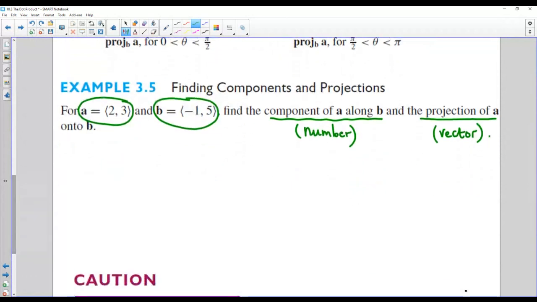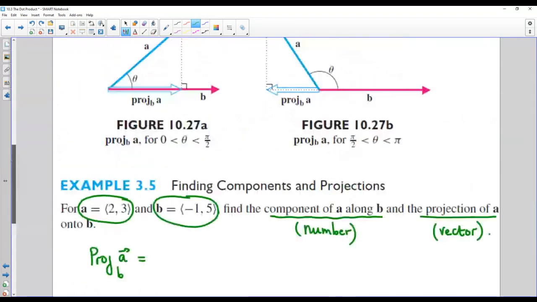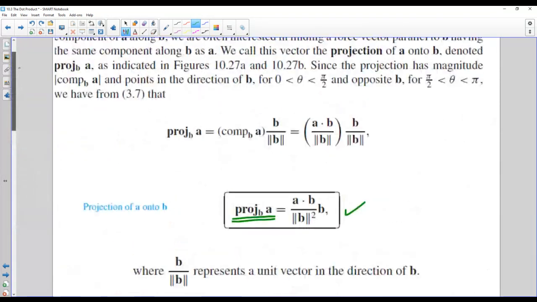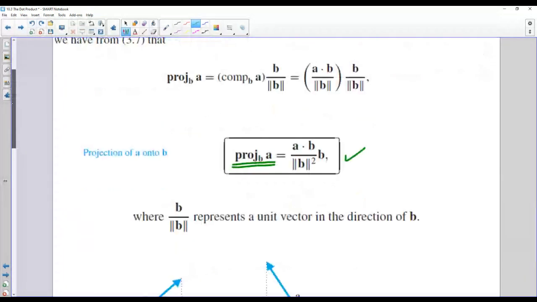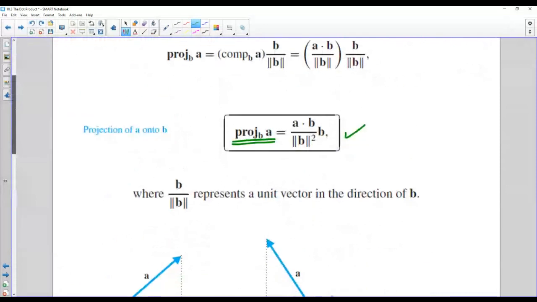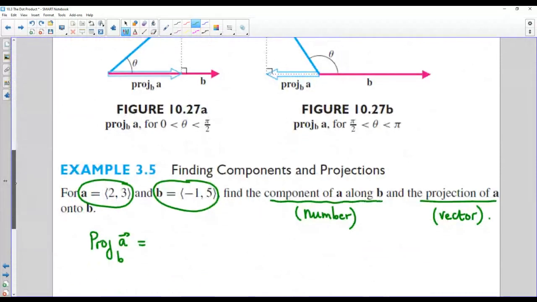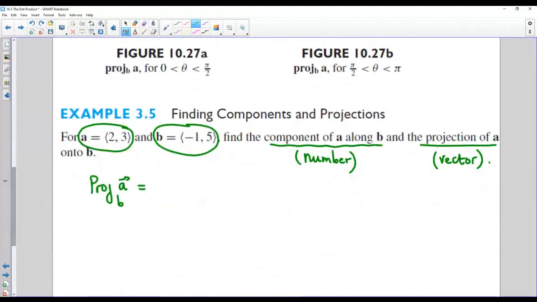Let me just write the rule. First I want to do the component and then I will do the projection.